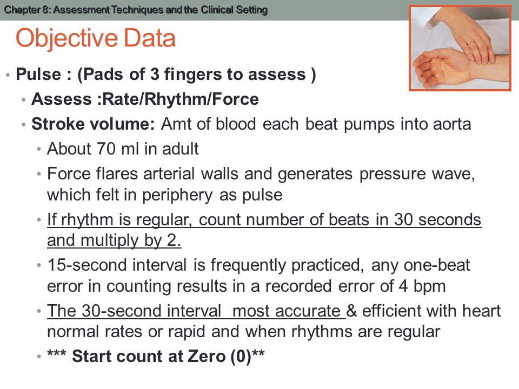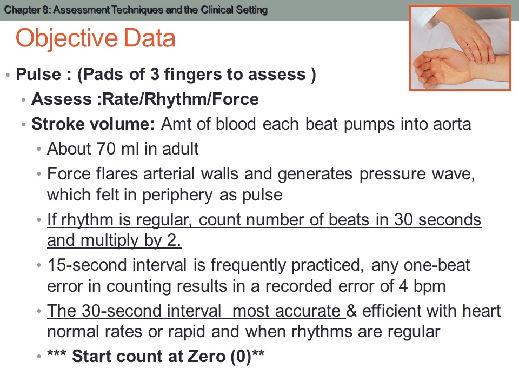So we no longer use the 15-second interval. We go for 30 seconds when we're checking a pulse. If the rhythm is regular, we go for 30 seconds and then multiply by 2. At any point, if the patient's pulse is irregular, we are going to count for the whole minute. Now, when we start to count, how do we count?